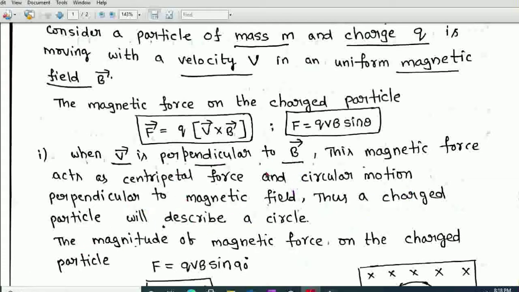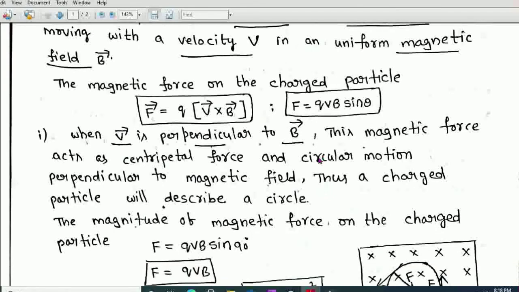Why does it produce circular motion? To find the direction of this force, we can use the right hand thumb rule. According to the right hand thumb rule, F bar is perpendicular to both V bar and B bar.